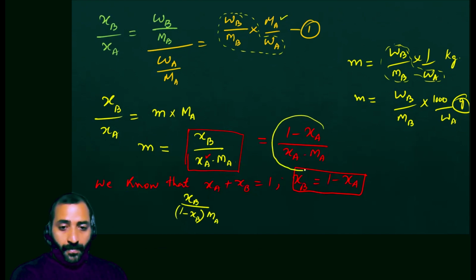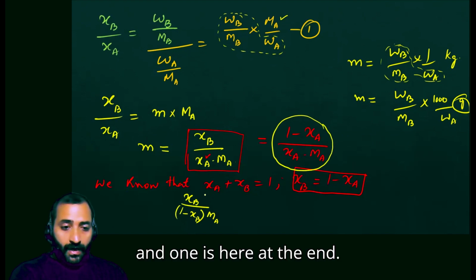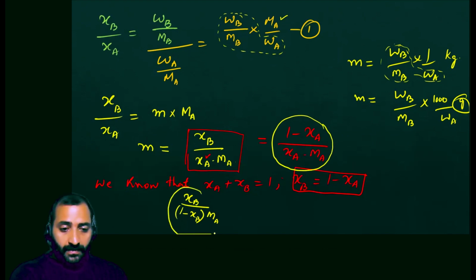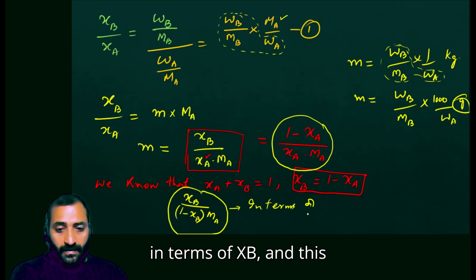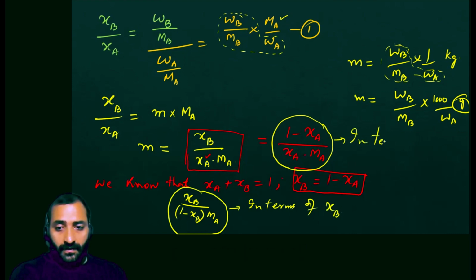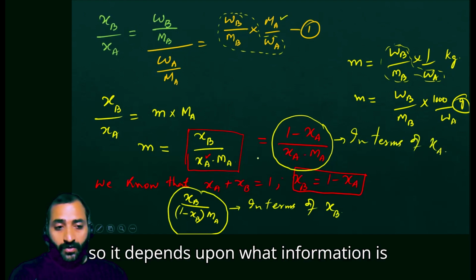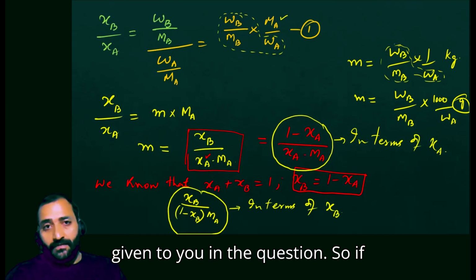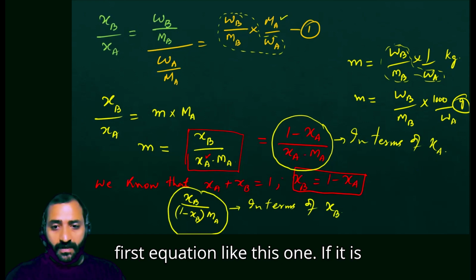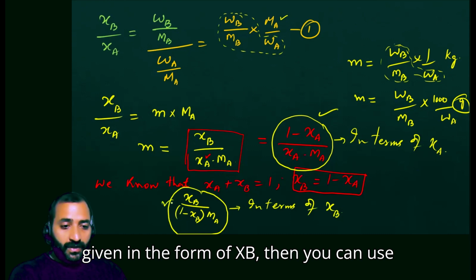One is here and one is here at the end. This one is in terms of xa, and this one is in terms of xb. So it depends upon what information is given to you in the question. If it is given in the form of xa, use the first equation. If it is given in the form of xb, then you can use this last equation.